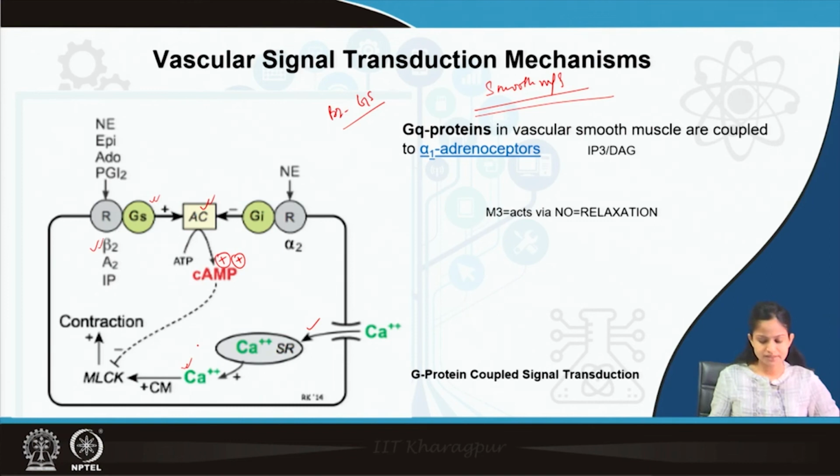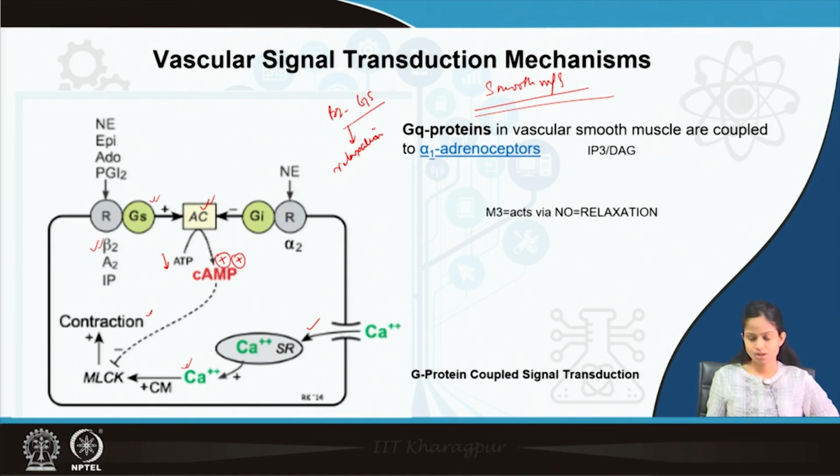Whenever we are utilizing the ATP in the formation of cyclic AMP, that means the ATP is decreased, which means the cyclic AMP is an inhibitor of myosin light chain kinase. So, there will be no calcium influx and no contraction of the muscles. So, that means beta 2 is actually causing relaxation through G stimulatory protein. In case of vascular smooth muscles, it will be vasodilatations.